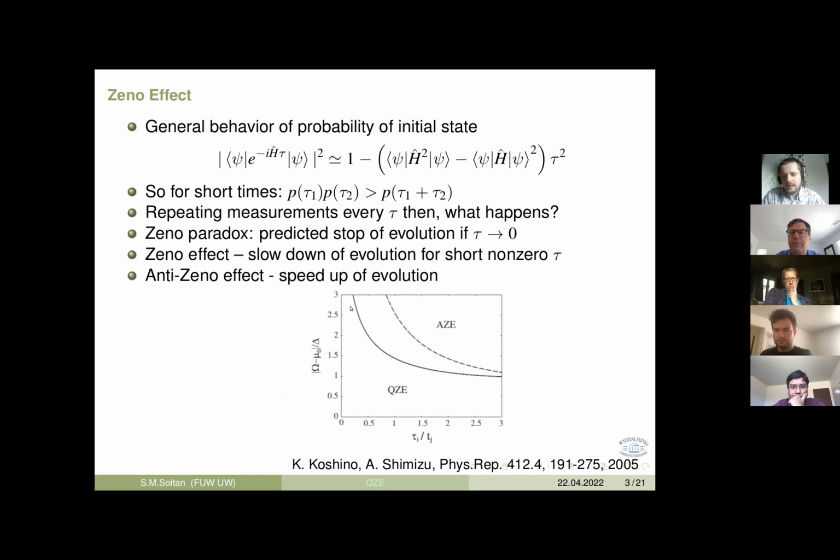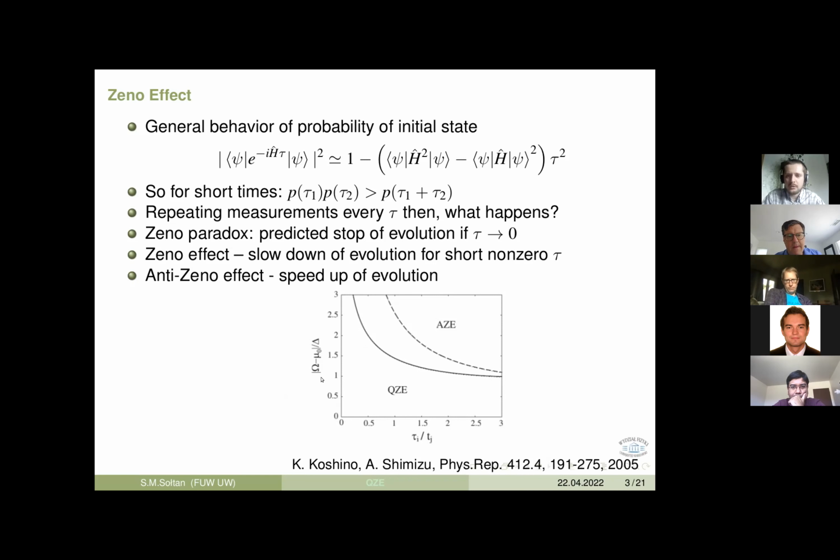Well, I reproduced this, and this is what they called phase diagrams, in fact. On one axis, they had the times between measurements, and on the other axis, they had some parameter characterizing the different systems that they could take into account.